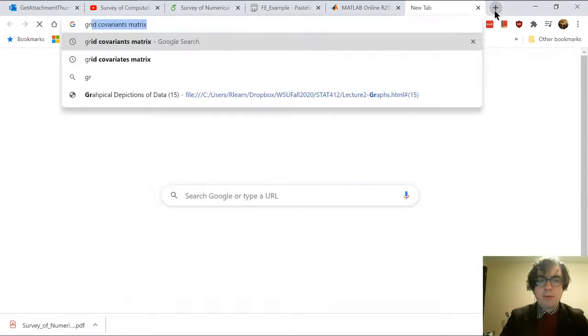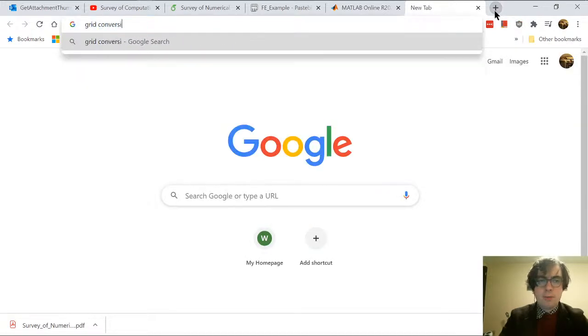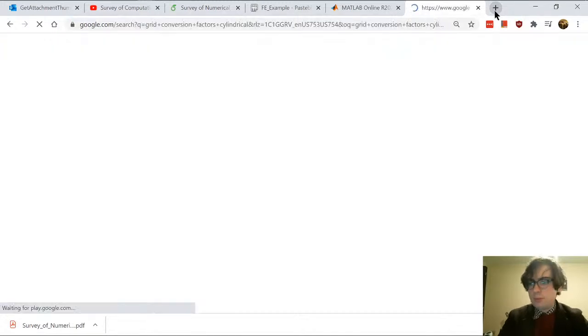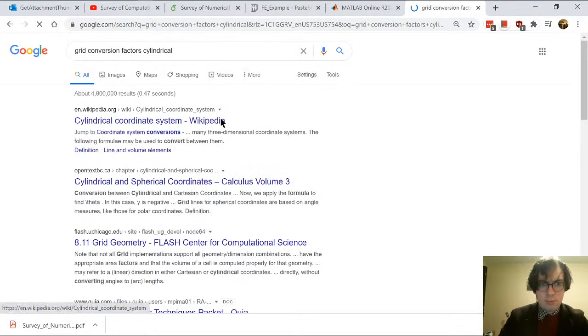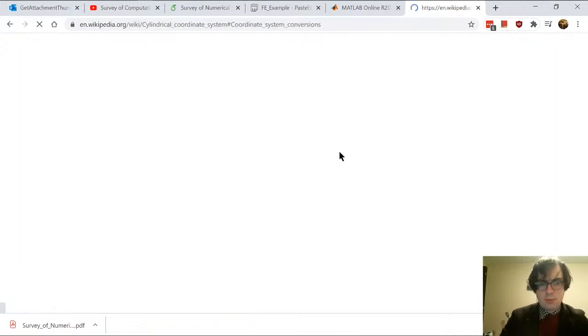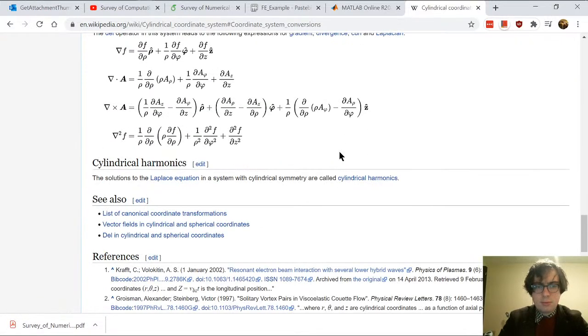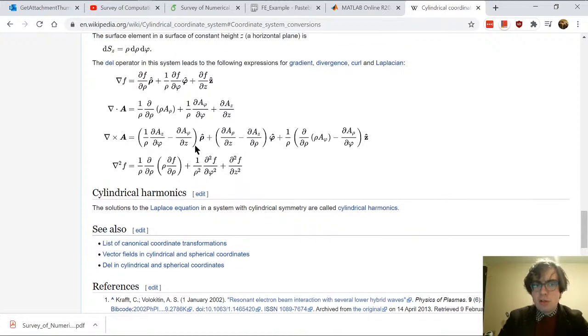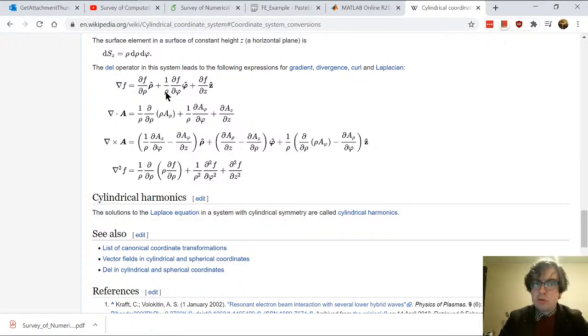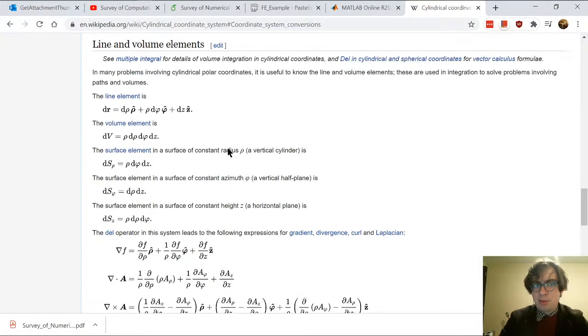Let's see, grid conversion. Right, and you'll see essentially these differential operators will have these additional terms in them that you'll need to have. You essentially need to put those in a matrix and multiply it, or handle them explicitly.